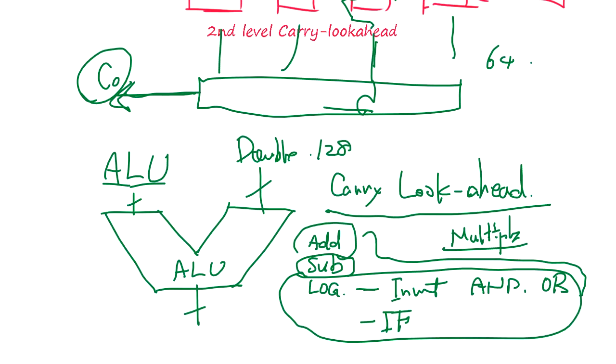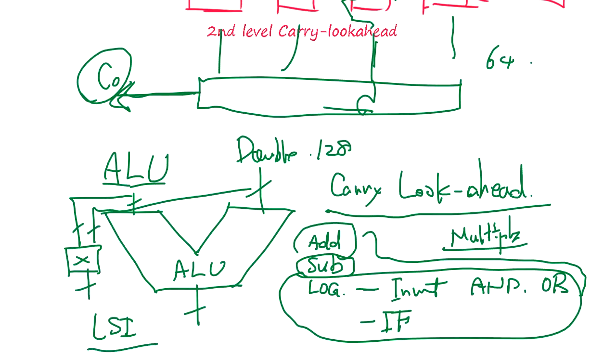These days, since we have LSI chips, we integrate a multiplier right next to it, and we do multiplication separately. Multiplication and division are very difficult operations. There's no good algorithm to do it in a pipeline fashion. Pipeline fashion means flow through.